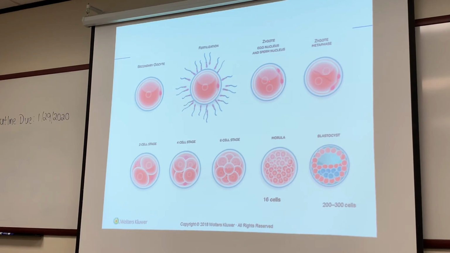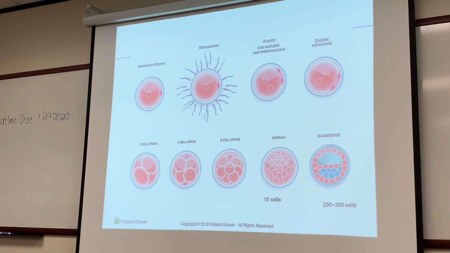Now, I have an egg and a sperm. I have a zygote. I have a 2-cell, 4-cell, 8-cell. Once it gets to 16 cells, I have a morula. Once it gets to 200 to 300 cells, I have a blastocyst. The blastocyst outer layer, trophoblast.